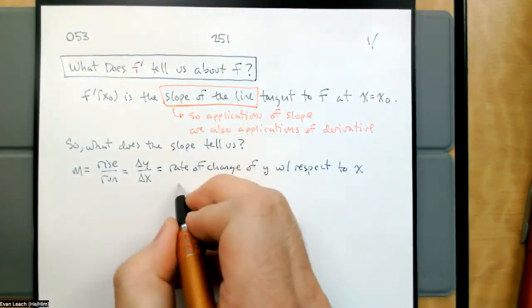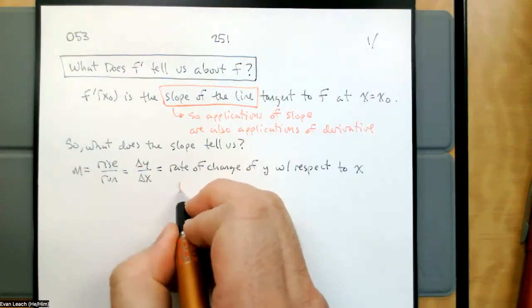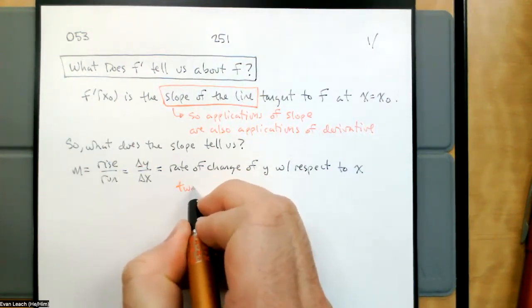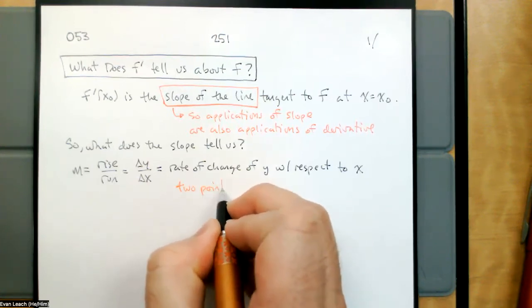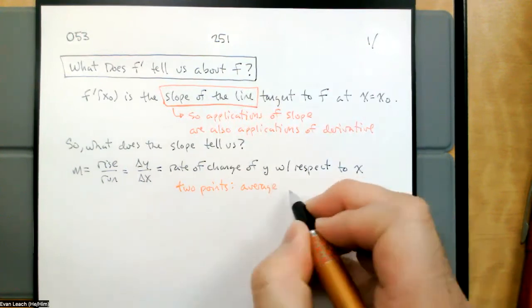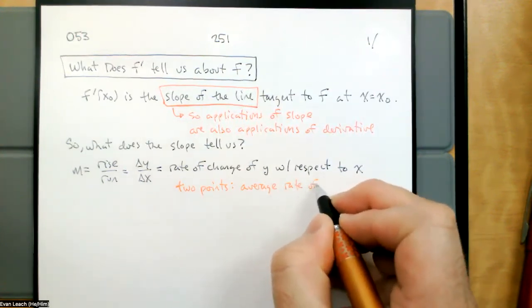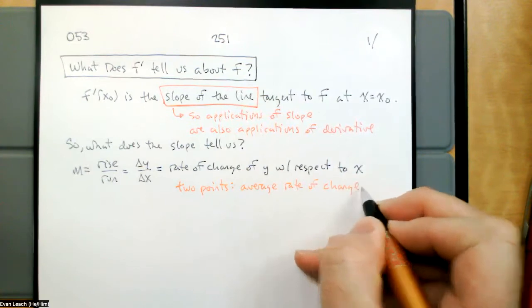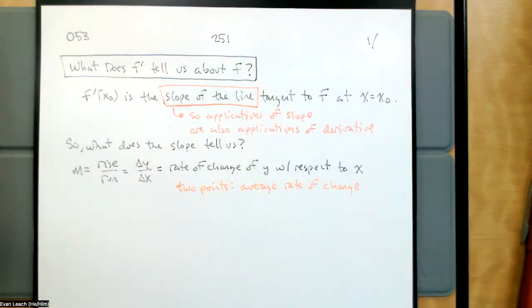So if you have 2 points, I said delta y over delta x equals rate of change of y with respect to x.